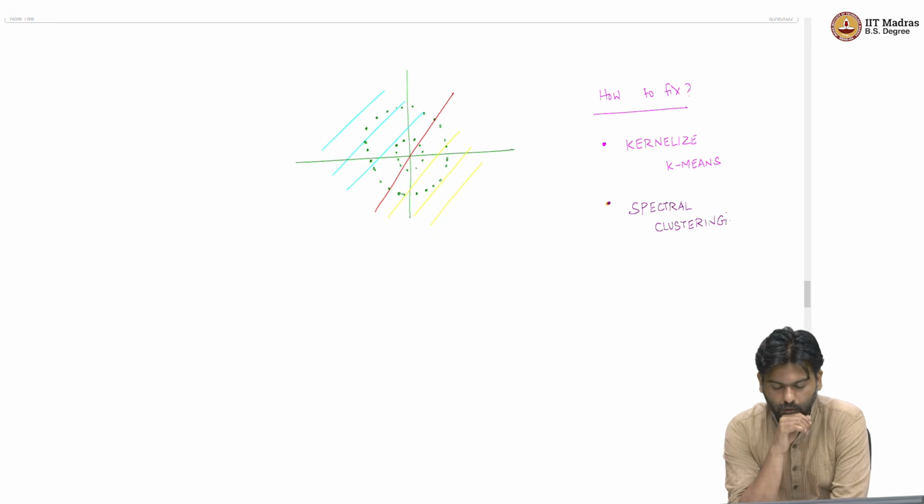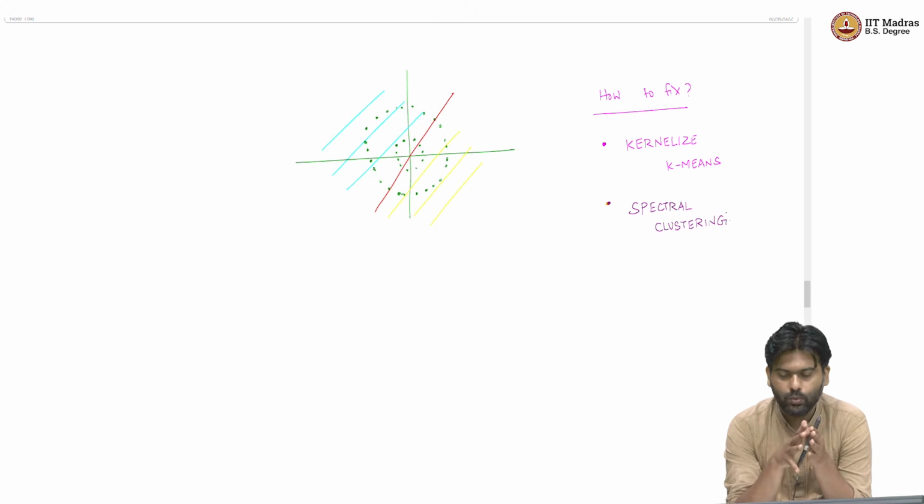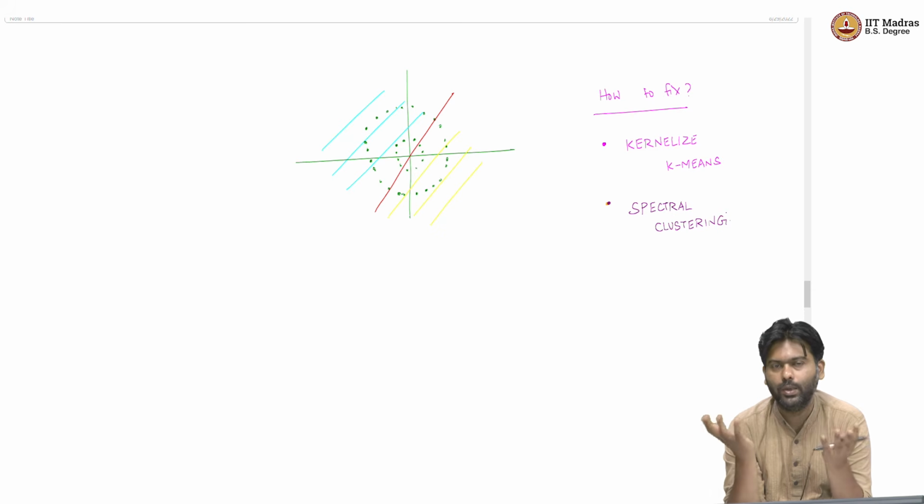So in simple terms, you can understand this as if maybe there are no Voronoi regions in the low dimensional space that give me a natural clustering of this data, but if I map it to some high dimensional space, then the natural clusters would separate out into different Voronoi regions, and in the high dimensional space I can do a simple Lloyd's algorithm. That's the basic idea.